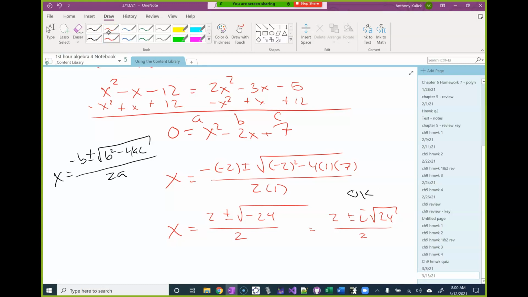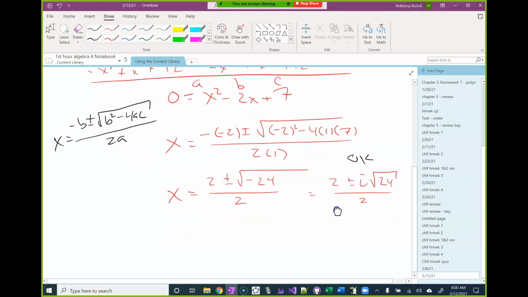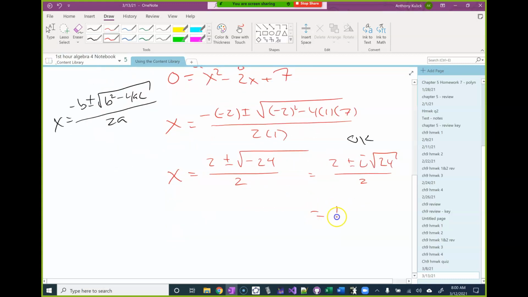Leo? Can't you get rid of the 2? Well, you could write it this way. Okay, yeah. Oh, okay, I see it. But you can't just get rid of the 2's. You can reduce the part in front of the plus or minus, but it still has to stay on the other part, the denominator.